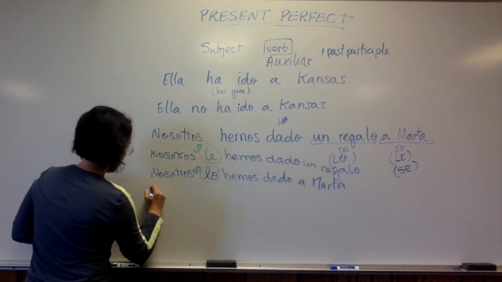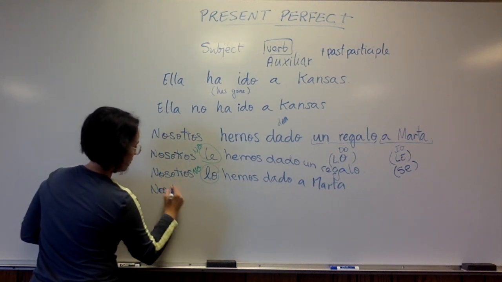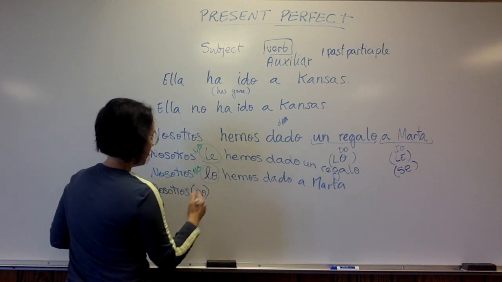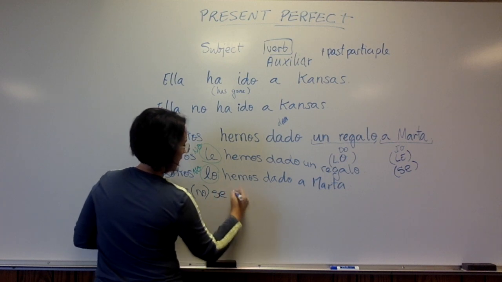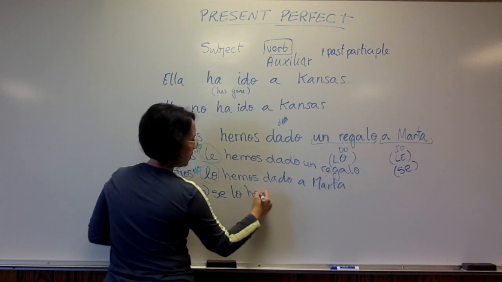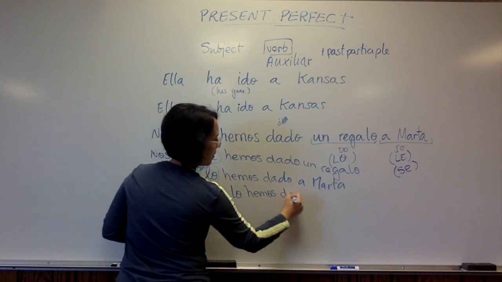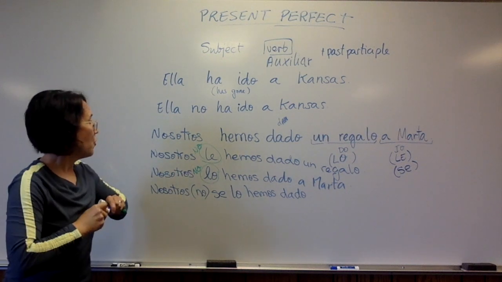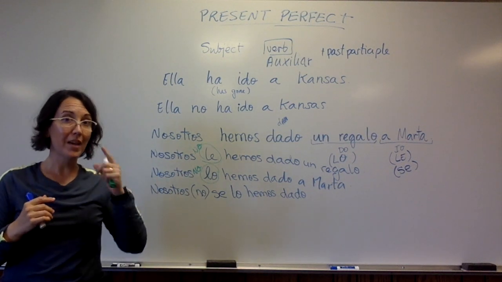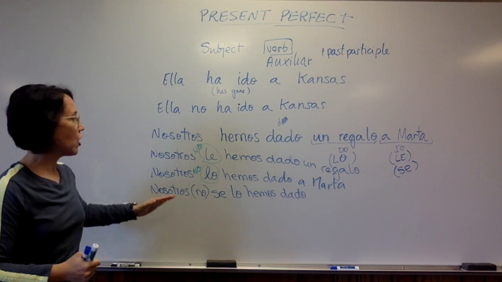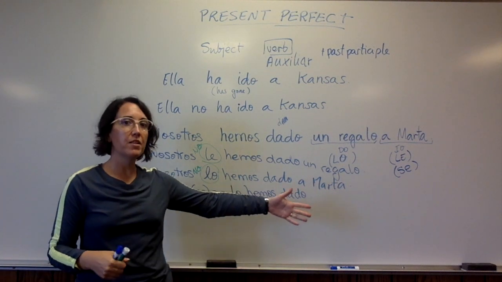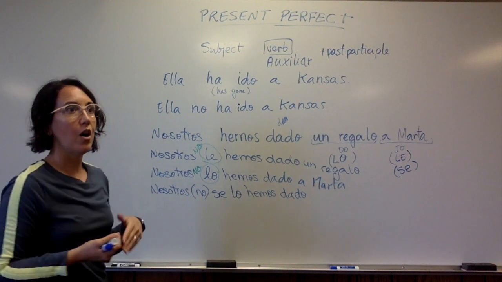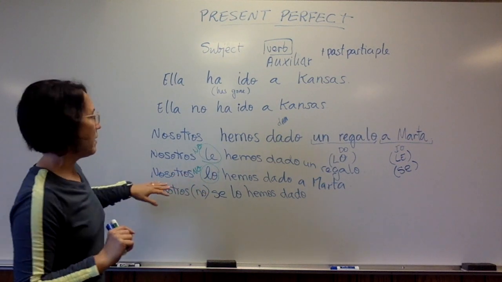So we'll say nosotros, the optional no that we have now given it to her, and no se lo hemos dado. Remember that pronouns refer to words, to nouns that we have already mentioned. So if we've never talked about having given a present to Marta, the person listening to us will not know what we are talking about. So only mention it when you want to continue talking about those things.